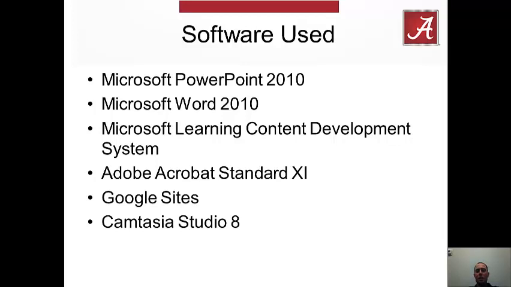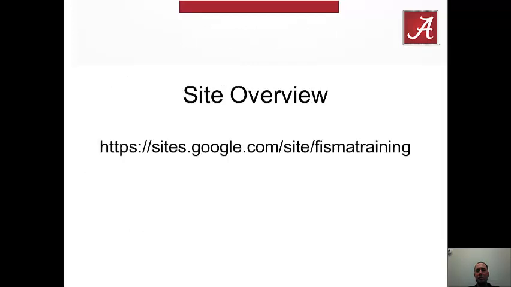Adobe Acrobat Standard, I used that to print out a digital copy of the slide deck so that they could be used by people that didn't possess Microsoft Office products. Google Sites is the website platform that the modules will be hosted on. Again, I use Google Sites to keep costs down and keep this an open source nonprofit adventure. And then I use Camtasia Studio 8 specifically in developing of the multimedia abstract.